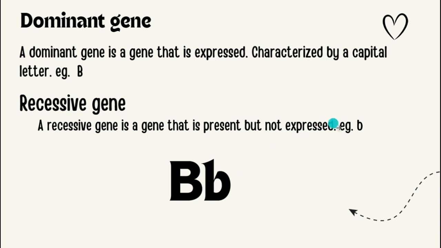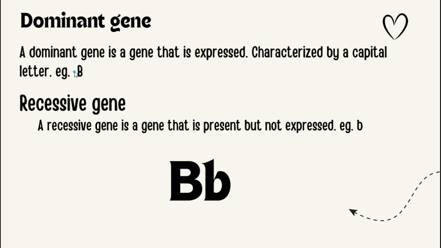Now, how I would explain this is that, as we said before, genes code for a particular trait. So now this B, and this is for example purposes only, because if we want to represent the gene, we can use anything. We can use a big A, a big B, a big C. It depends on what trait we're coding for, right? So in this situation, this big B is going to represent black hair.